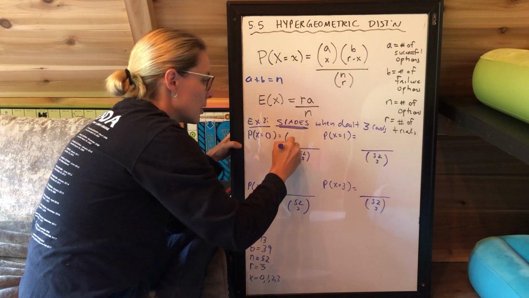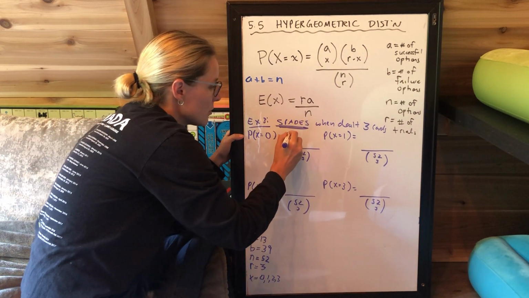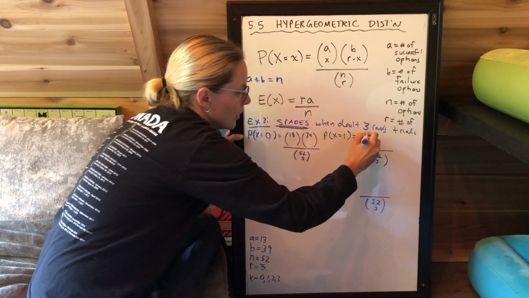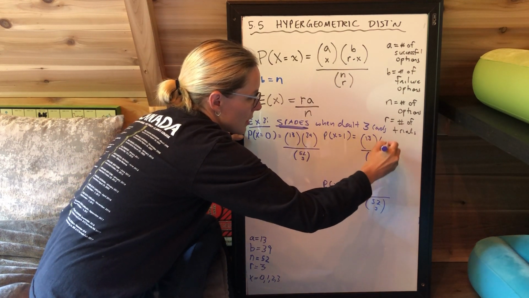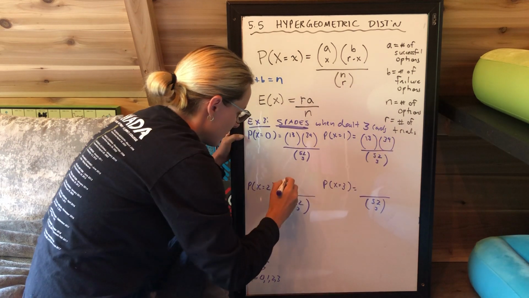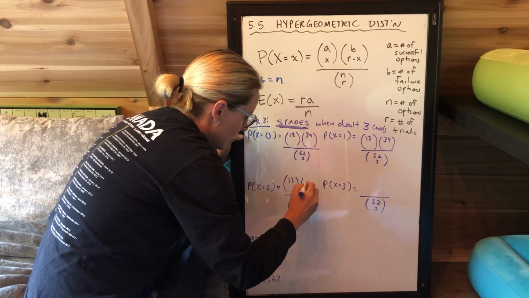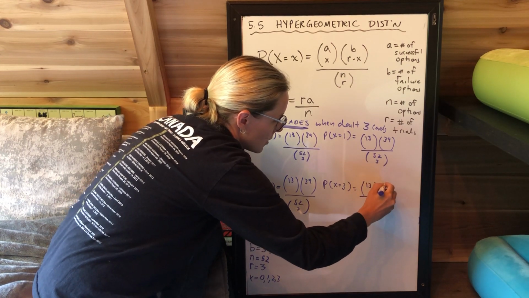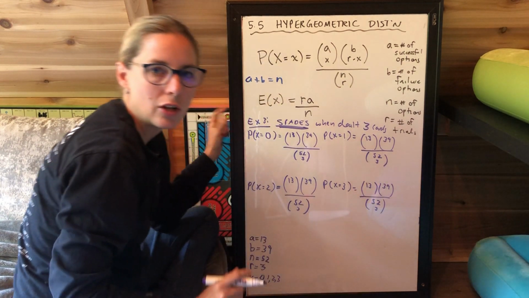The top number in the combination does not change. In all of these, we're saying 13 spades, that's what we consider a success, 39 other cards. And again, what's going to change is how many successful outcomes we get.